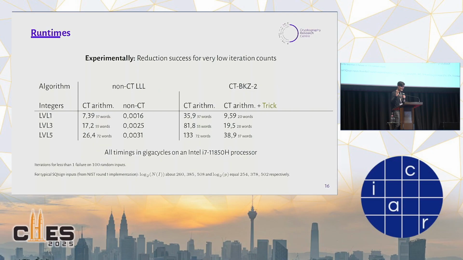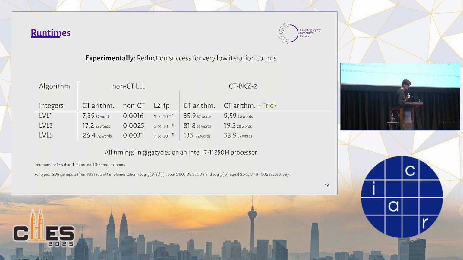Yes. However, if we introduce a certain trick, I won't delve into details because I don't have time for that, we're actually competitive with the old LLL algorithm. However, that information is valid for the first round SkiSign submission.